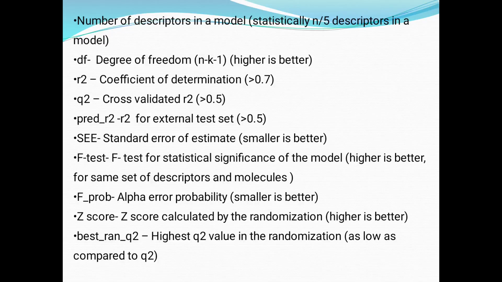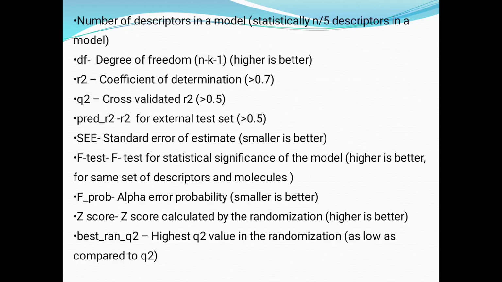Then you have best rand q square, that is again randomization. This should be as low as possible compared to q square. So q square is basically your cross validation, and randomized q square is the randomization in cross validation, so that should be low.